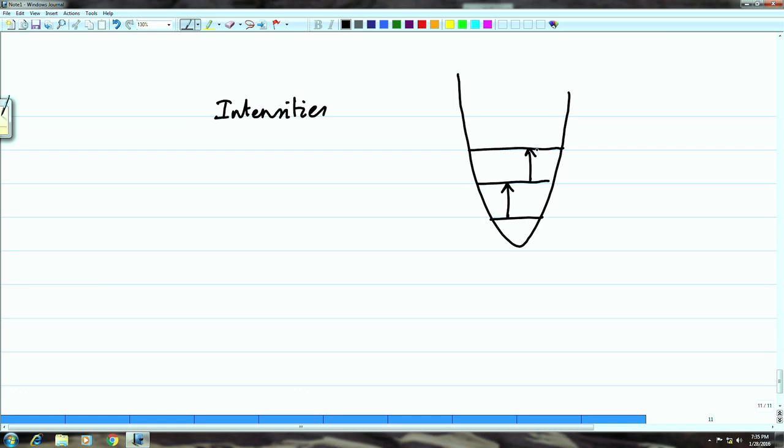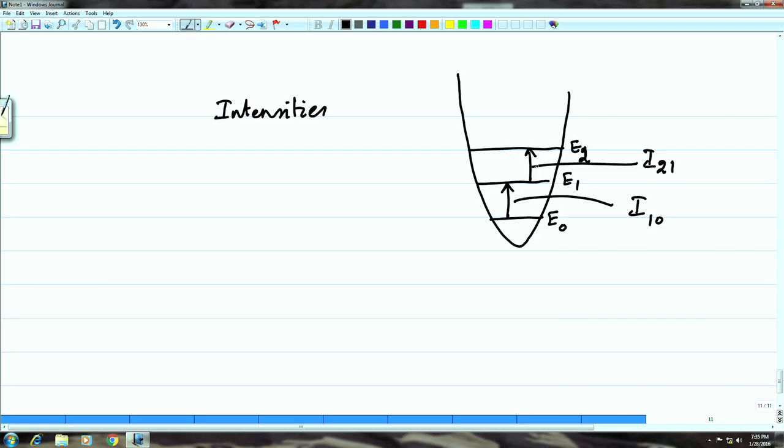Suppose you call these E0, E1 and E2, and this intensity is I10, and this intensity you call I21.